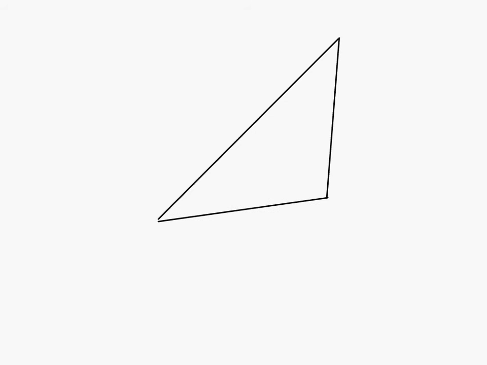Let me draw you an isosceles triangle. We'll label it PMN. Make angle P congruent to angle M. Angle N is 120 degrees, and side MN is 11.